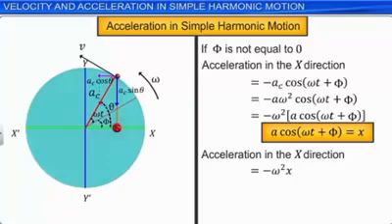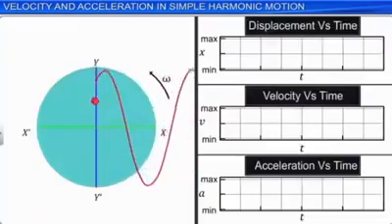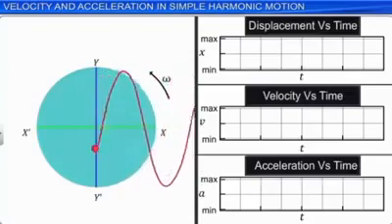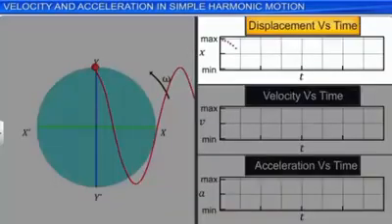Observe the graphs for the particle in simple harmonic motion. The first graph is displacement versus time for the particle in simple harmonic motion. The second graph is velocity versus time.